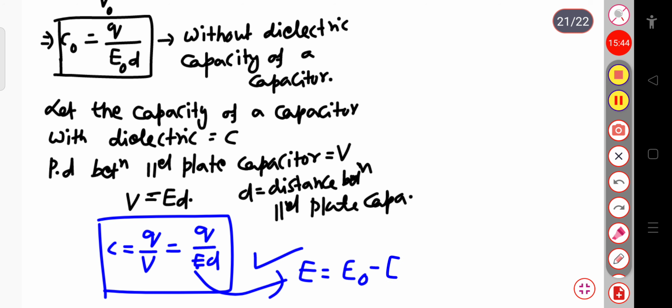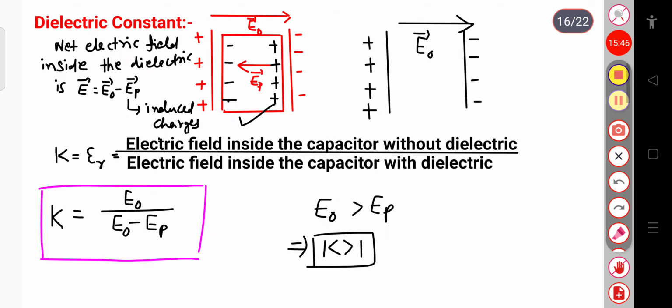From the beginning we have already discussed that when we introduce a dielectric, the net electric field inside the dielectric will be E naught minus EP.